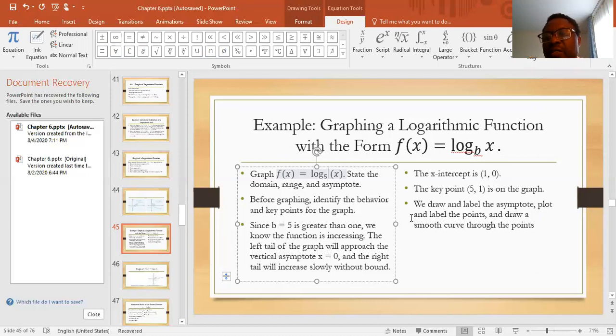So the x-intercept is (1, 0), and the key point (5, 1) is on the graph. We draw and label the asymptote, plot and label the points, and draw a smooth curve through the points.